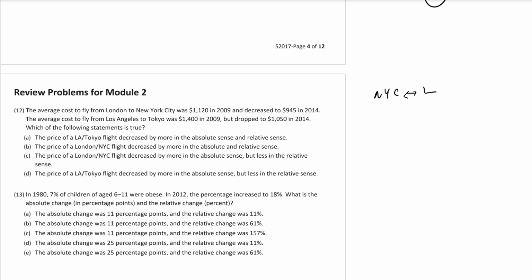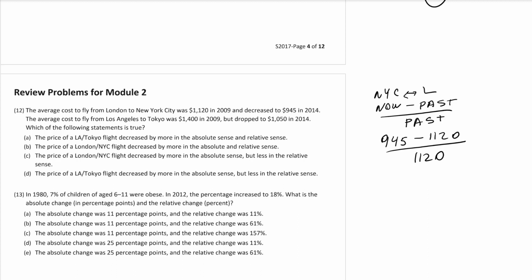So for New York City, let's do this one together. It did go down. So when you're doing the difference, it is now minus the past, divided by the past. The order of subtraction does matter. It is declining, so 945 minus 1120 will give us a negative number. And you're dividing by the past amount, which is 1120.